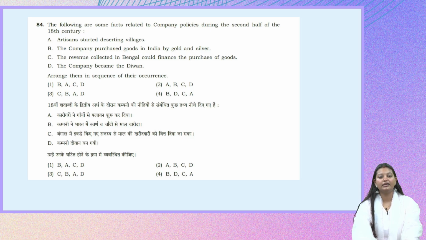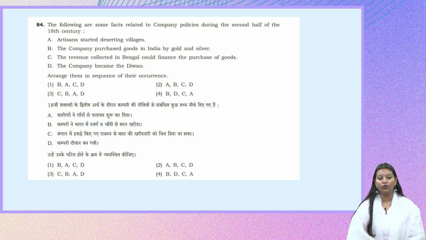The following are some facts related to company policies during the second half of the 18th century. Statement 1: Artisans started deserting villages. Statement 2: The company purchased goods in India by gold and silver. Statement 3: The revenue collected in Bengal could finance the purchase of goods.